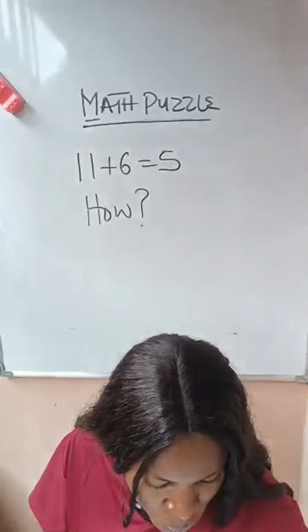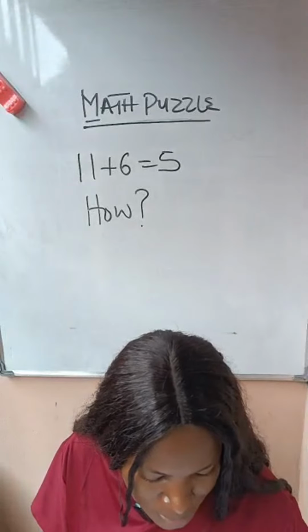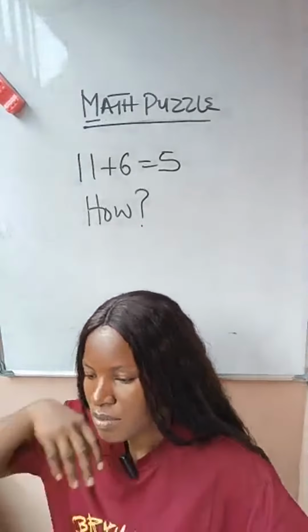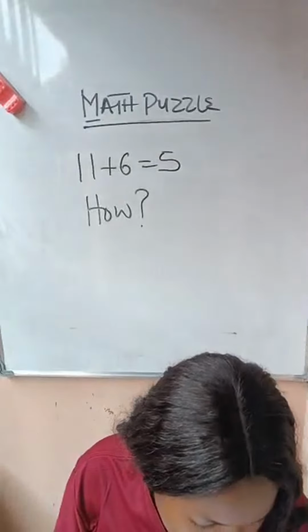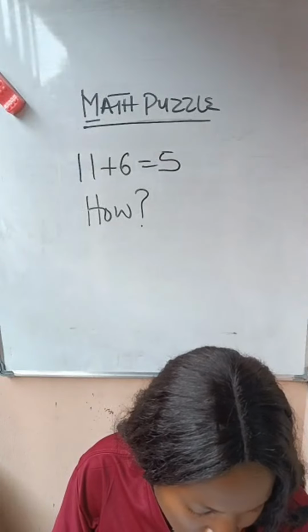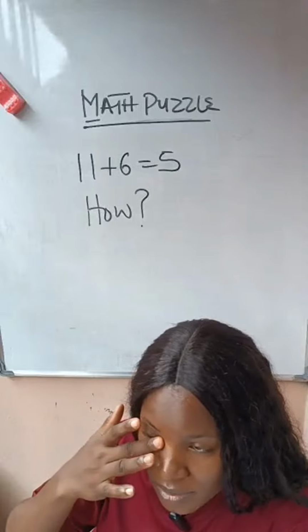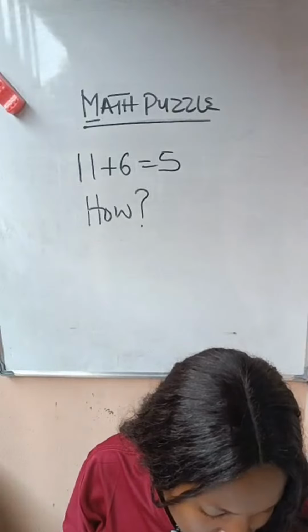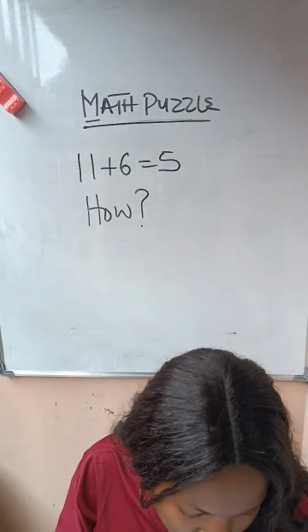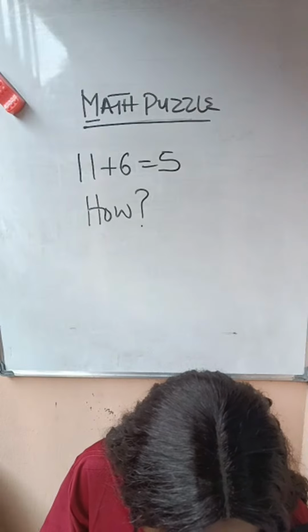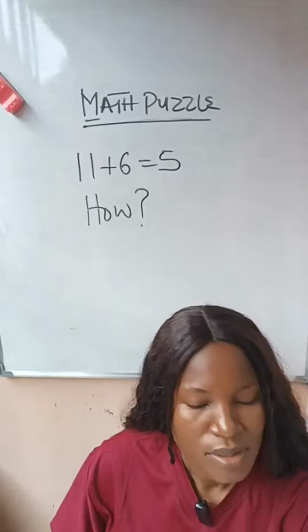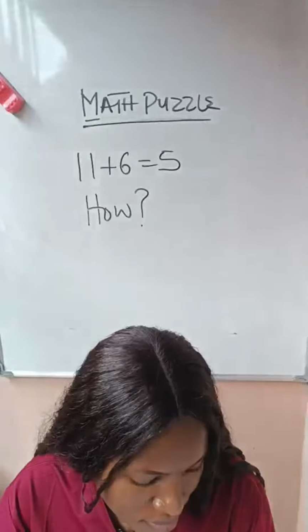What will make 11 plus 6 equals 5 to be correct? Because it is correct the way it is. How is this possible? Yeah, it is very correct.